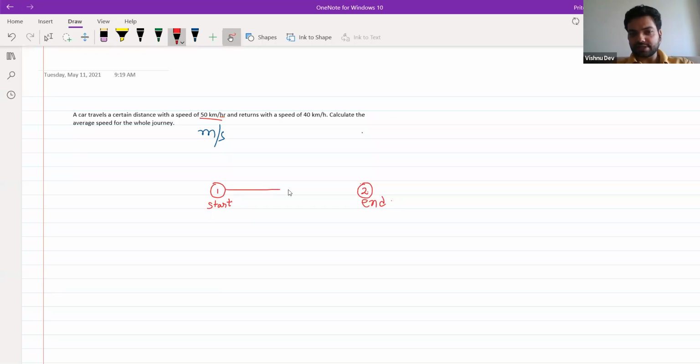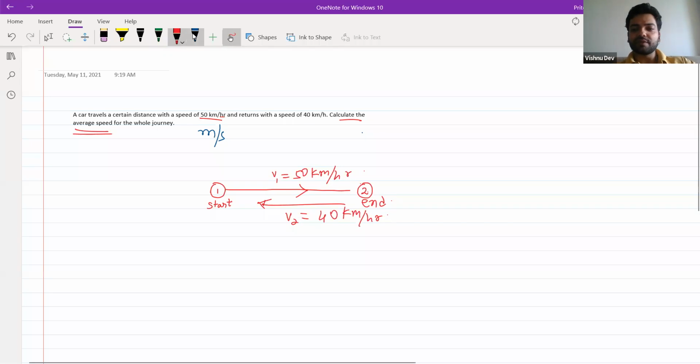So let us say from 1 to 2 it goes with a speed v1 of 50 kilometers per hour, and it returns with a speed of 40 kilometers per hour. You have to find the average speed. So we should just use the expression for average speed. So what is average speed?